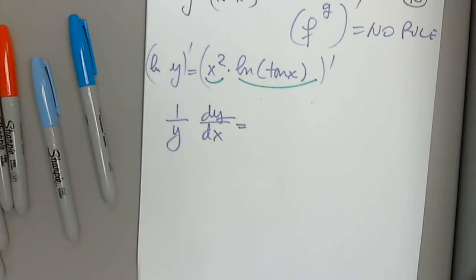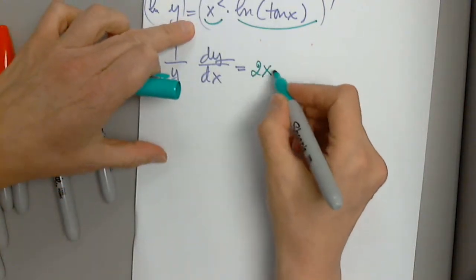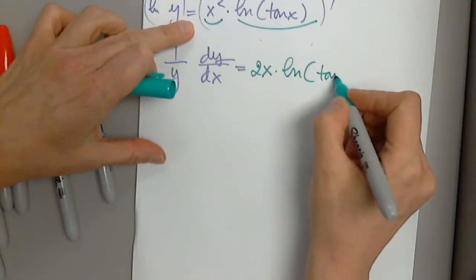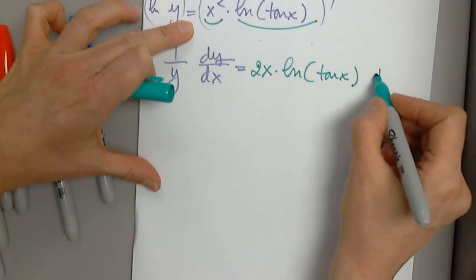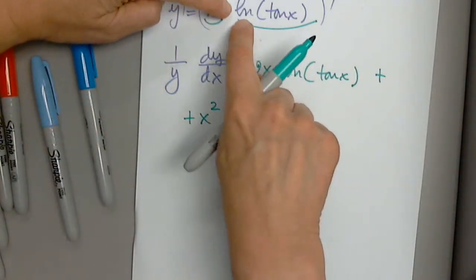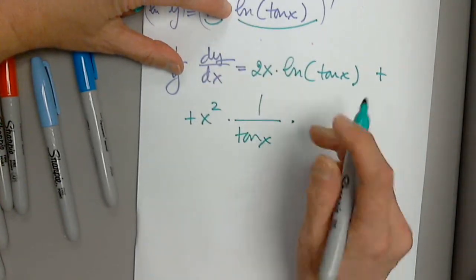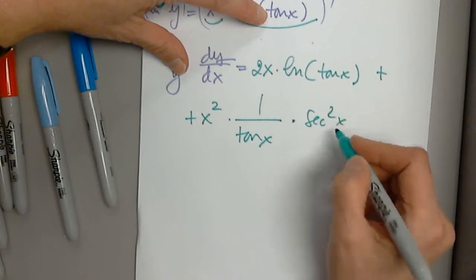So they cannot be separated. Now, 2x times natural log of tangent x. Agreed with that? Plus x squared. Now, I differentiate the log, which is 1 over tangent x times secant squared x.